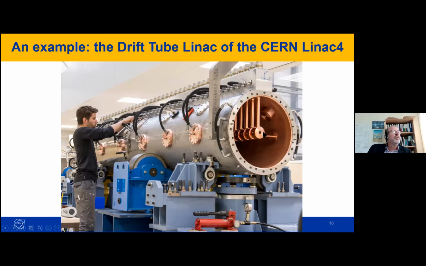You see the tubes, the hole, the particles go along this direction inside the tubes. What you don't see is that the tubes are actually longer and longer. But believe me, inside the structure, the tubes become longer and longer to follow the increase of velocity of the particles.